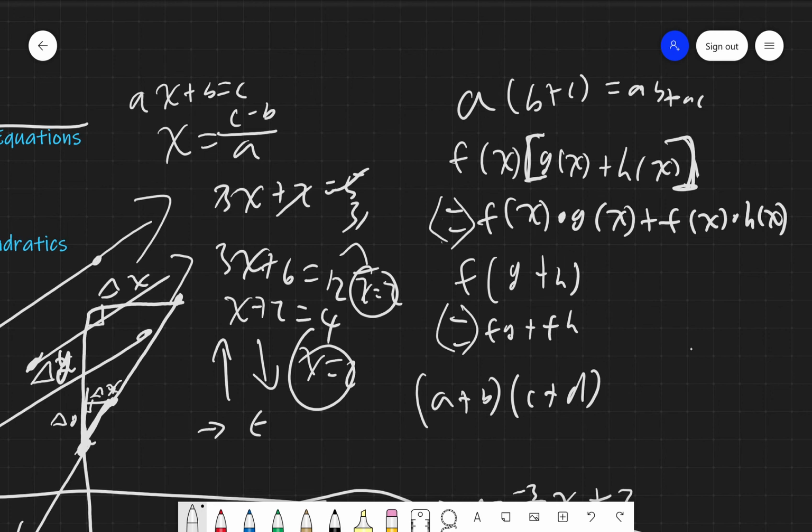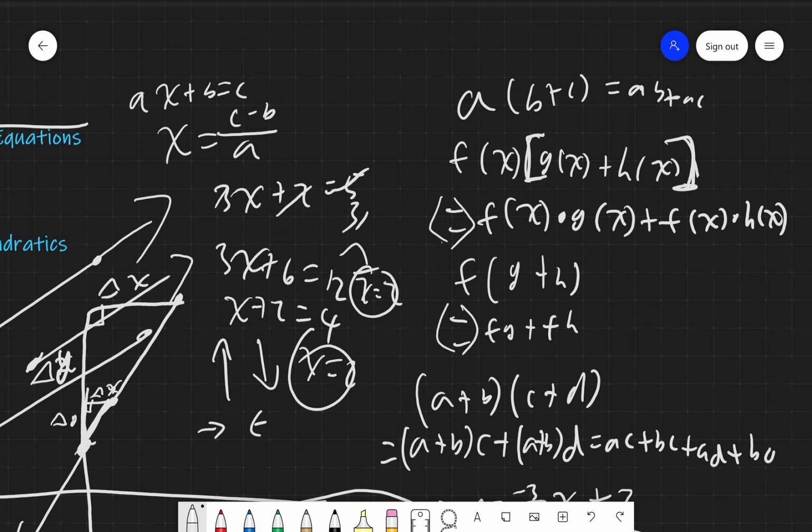The distributive property would say that this is equal to (a plus b) times c plus (a plus b) times d. Now we can do the distributive property again to get AC plus BC plus AD plus BD.